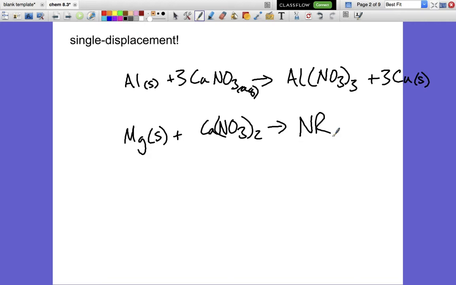You've got to understand the difference. If aluminum's higher on the list than copper, then you can go ahead and make products. But since magnesium is not higher on the list than calcium, this does not work in the second example. So know when these single displacement reactions can happen and when they won't. Only more active metals can replace less active metals.